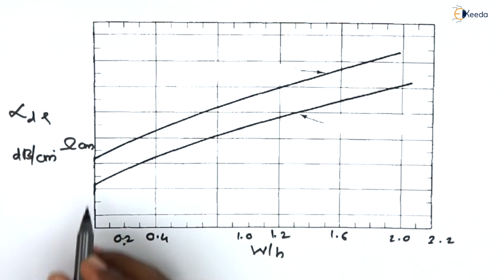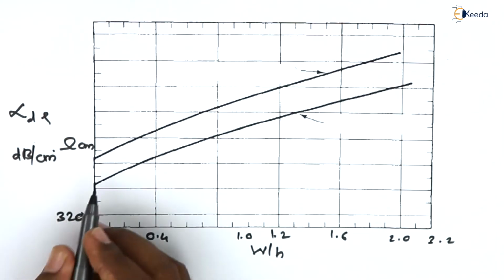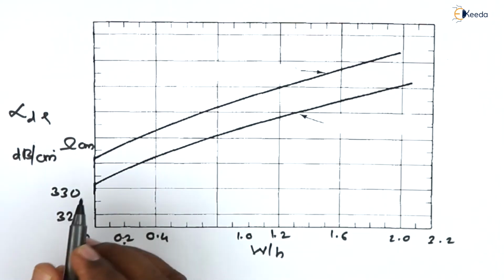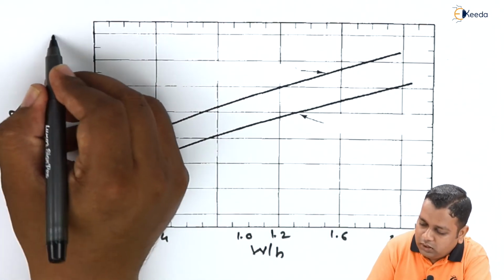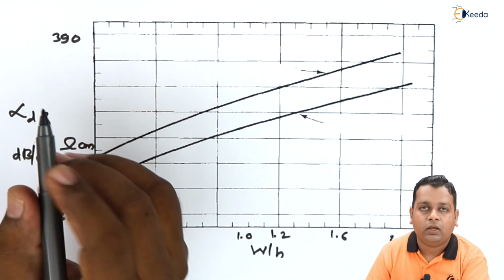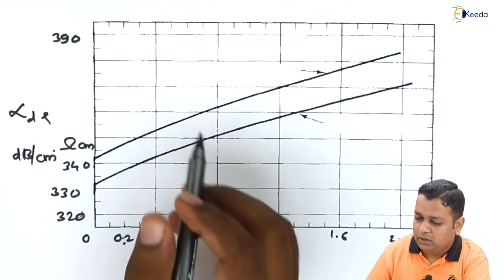On the vertical axis we have 320, 330, 340, and so on up to 390. These are the solid curves corresponding to the dielectric materials.